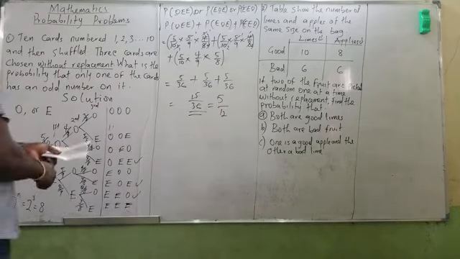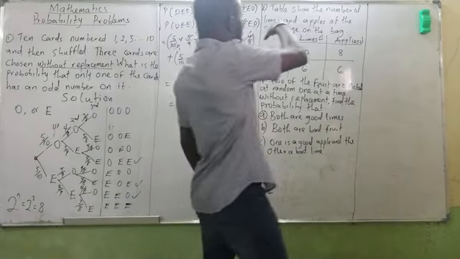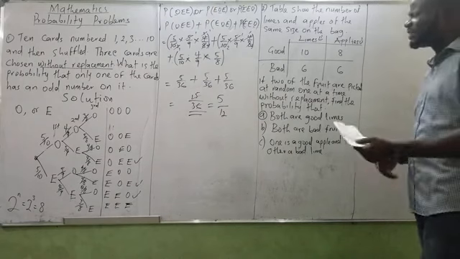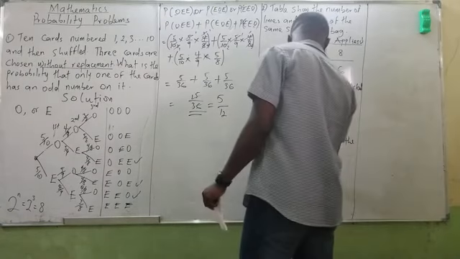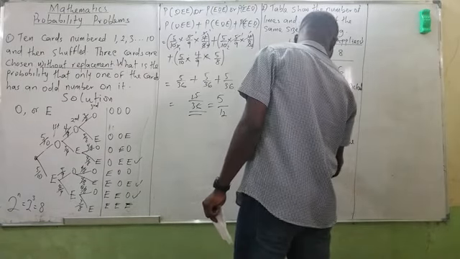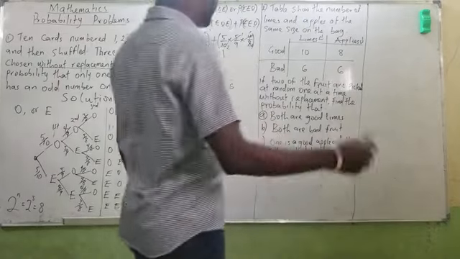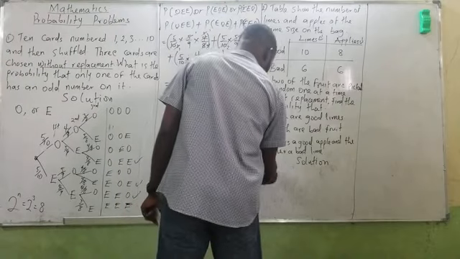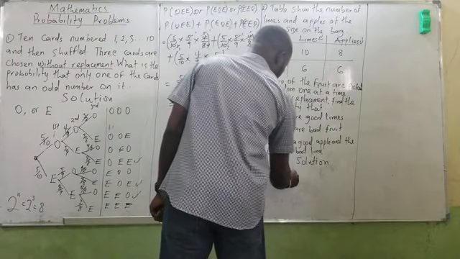The next thing I need to work on is this table. Show that the number of line and, this is very, very simple. Please take note of that. The first thing I need to do is the total number of fruits.